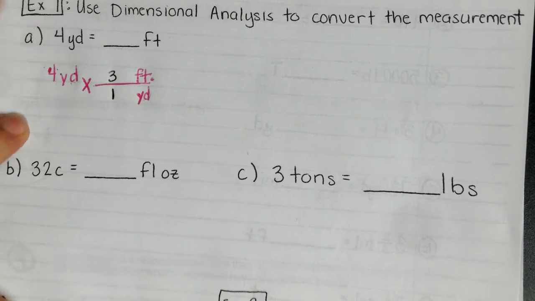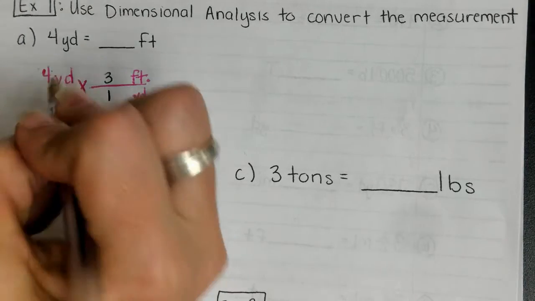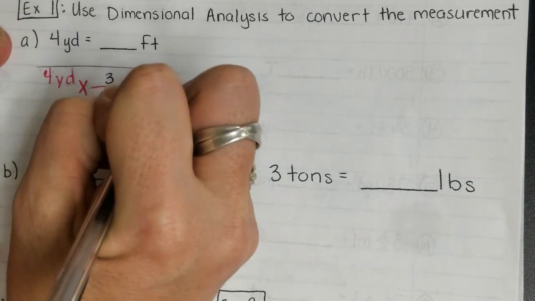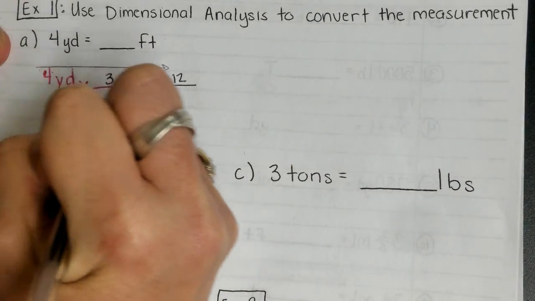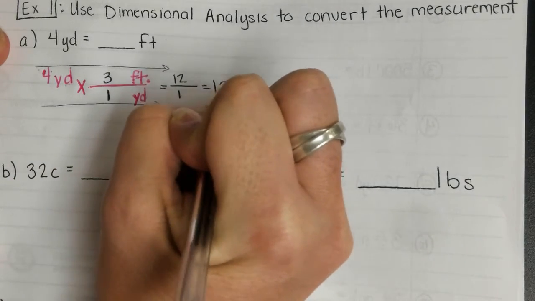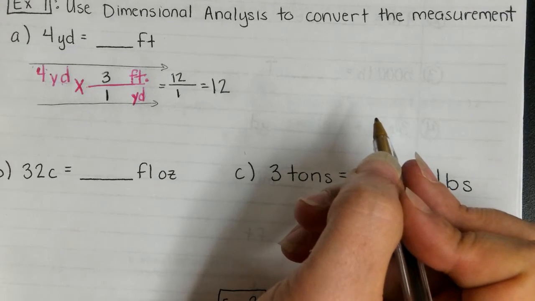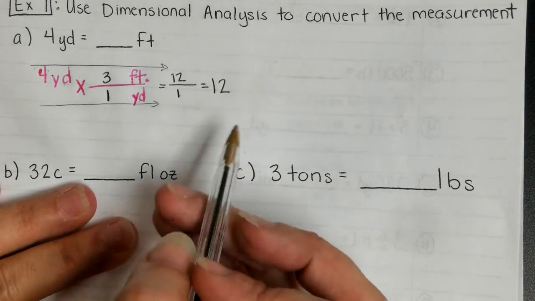Now it's kind of like making fractions. And we get to literally multiply. Go across the top. 4 times 3 is 12. 1 times 1 is 1, which is really just 12 divided by 1. Now, to get the measurement, just look at this.